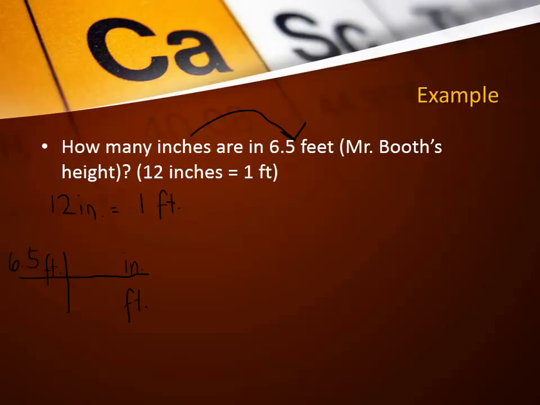6.5 feet, 12 inches, 1 foot. This represents one conversion factor. So we have 6.5 times 12 and 1, which is, I believe, 78, divided now by 1, which is 78 inches. That's our final answer.